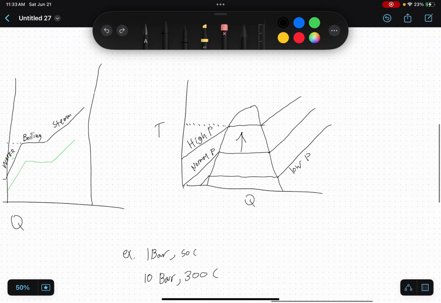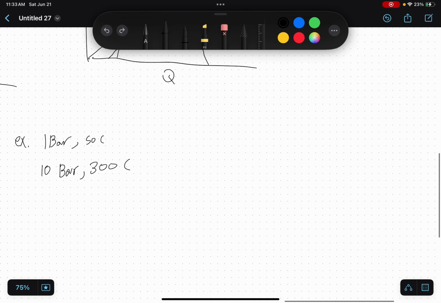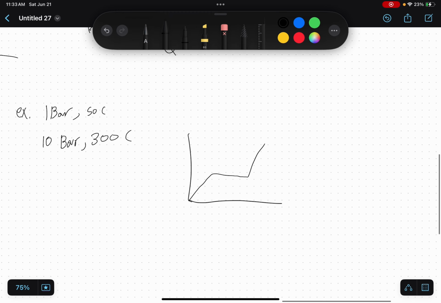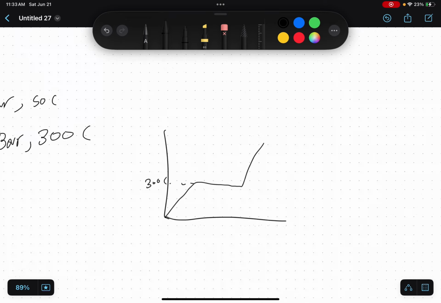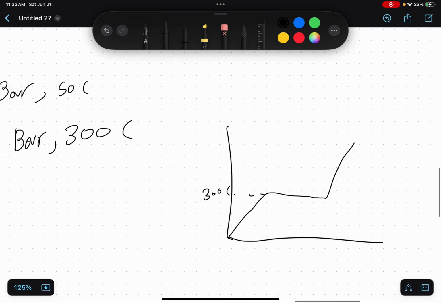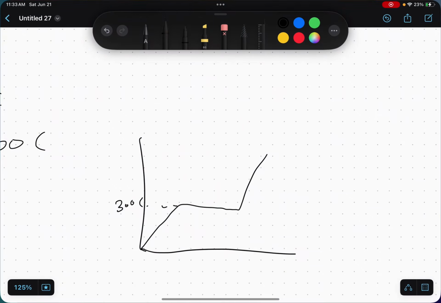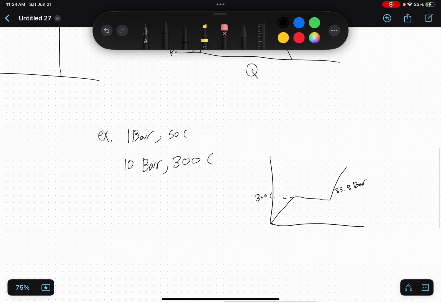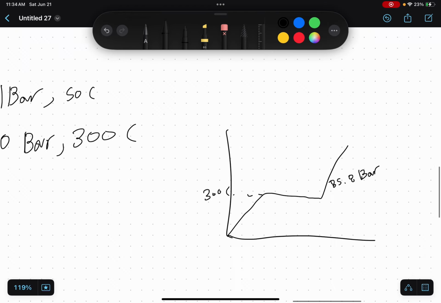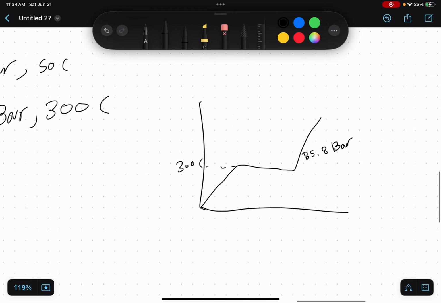So for this specific curve, if we're at 300 Celsius, this has to be the line for, what was it, 83? 85.8. So if we're at 300 Celsius, we would have to be at 85.8 bar. We know that our pressure is below that. So a lower pressure means lower temperature.